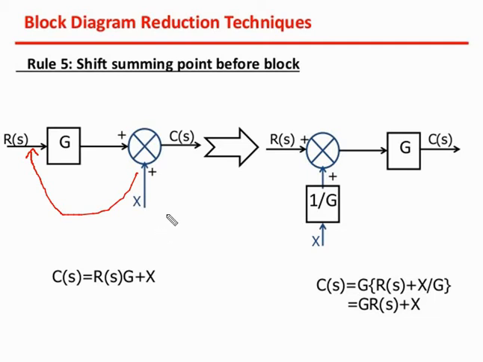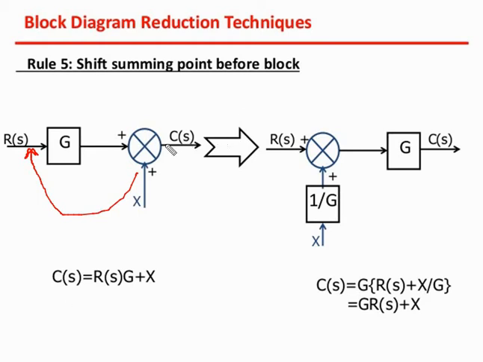So what do we have to change in the block diagram? First we consider the summing point after the block, where the output C(s) equals G R(s) plus X. By shifting this summing point before the block, the output should remain the same.